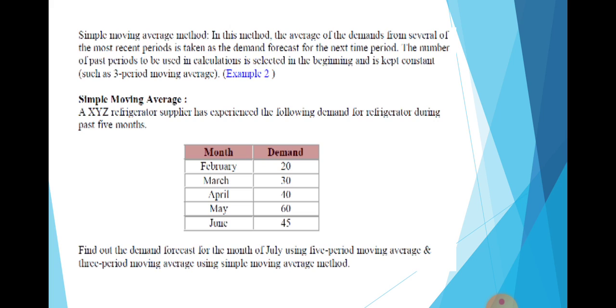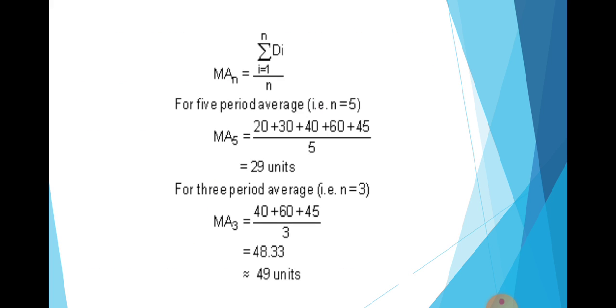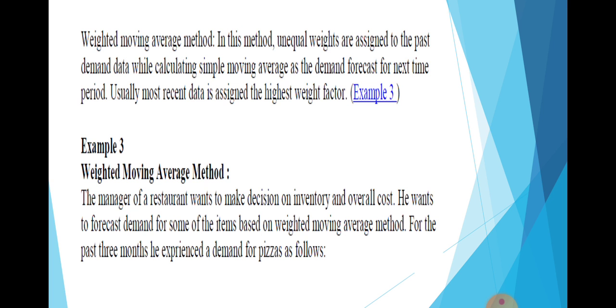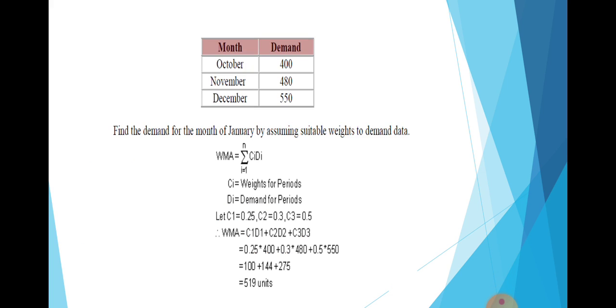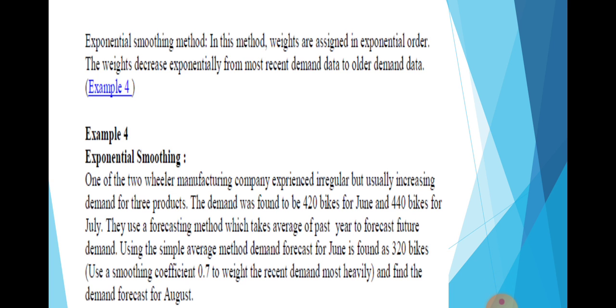For the simple moving average method, we took an example of a refrigerator company or refrigerator supplier. For the weighted moving average method, we took an example of a restaurant. And for the exponential smoothing method, we took an example of a two-wheeler manufacturing company.